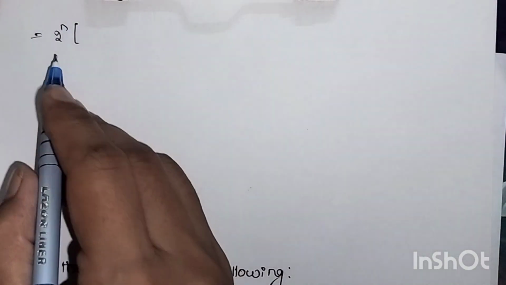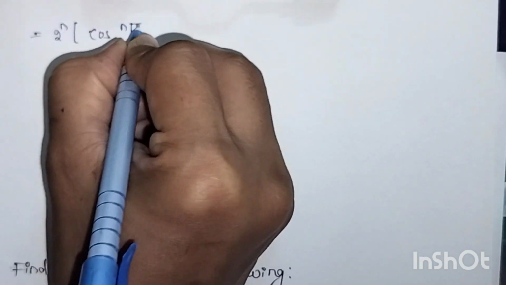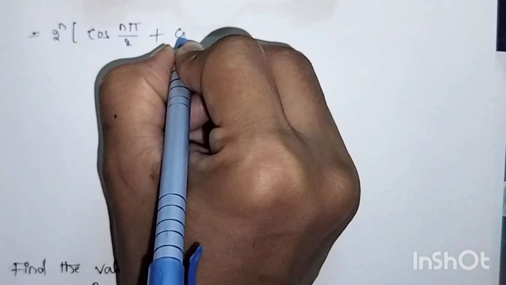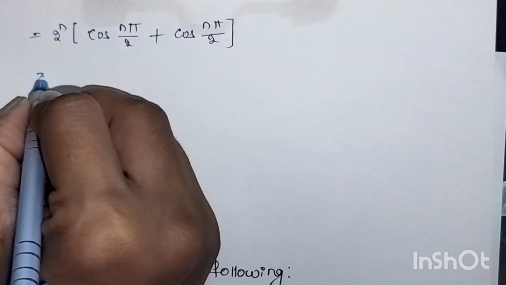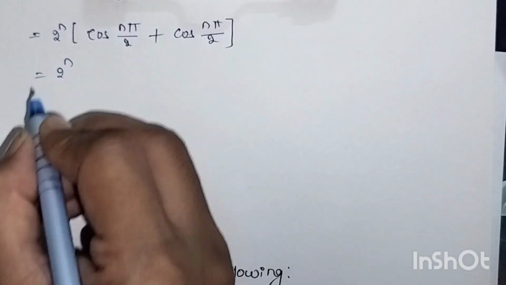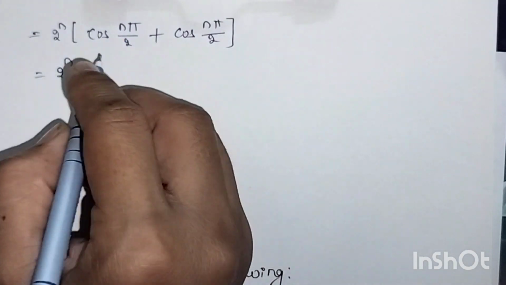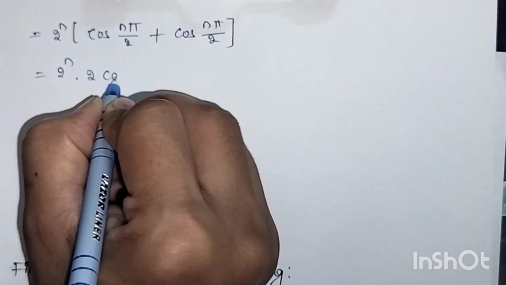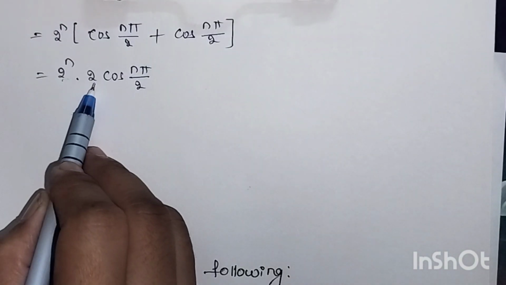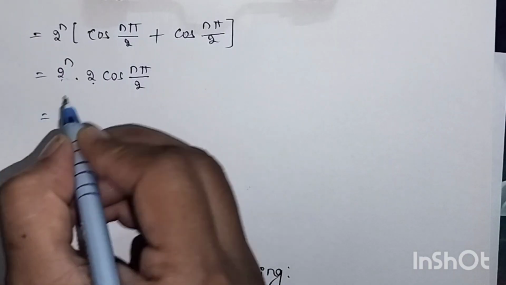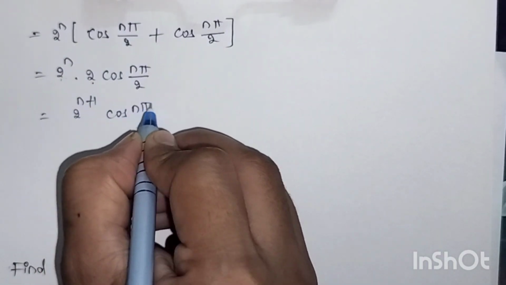Write down the remaining terms: 2 power n of cos n pi by 2 plus cos n pi by 2, that equals 2 power n into 2 cos n pi by 2. Here the bases are equal, so the powers add, equals 2 power n plus 1 cos n pi by 2.